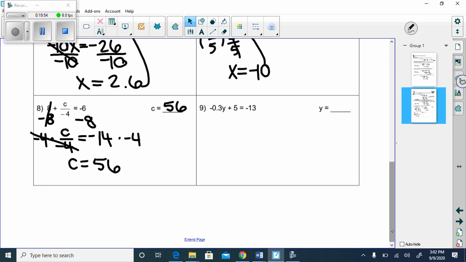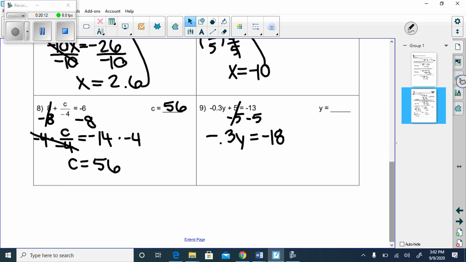Okay, number 9. What do I do first? Good. All right, and what is negative 13 minus 5? Good.